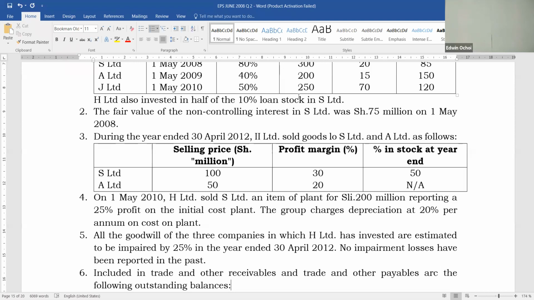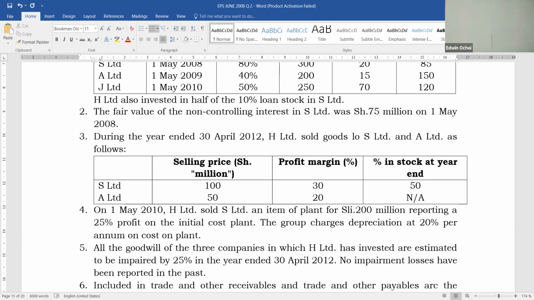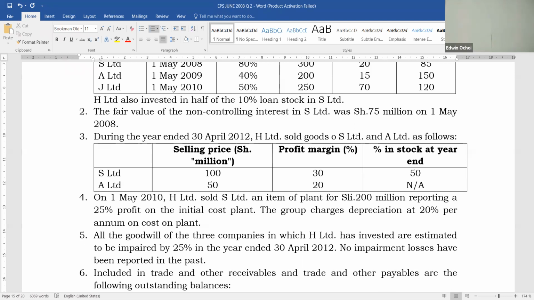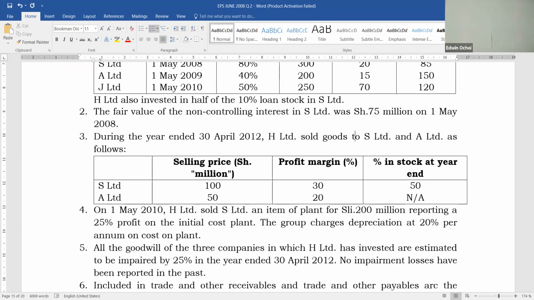goodwill. Number 3, during the year ended 30th April 2012, H Limited sold goods to S and A as follows. You are given the selling price, profit margin, and percentage in the stock at the year end.